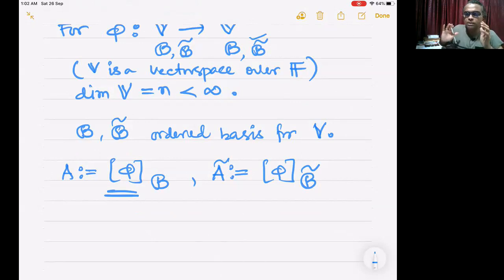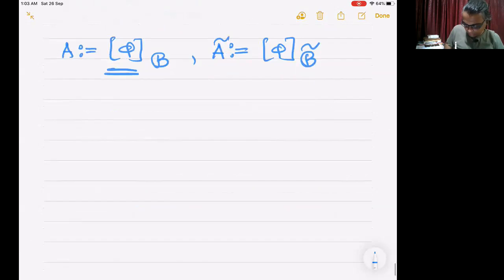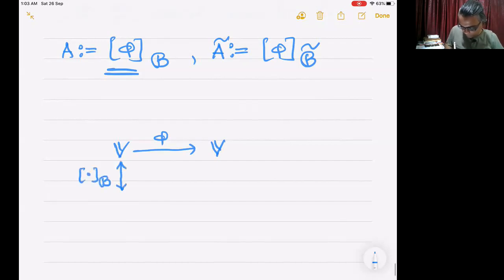So once I draw the diagram that we have to chase, it should be clear. So what the situation is, V here, phi, there is the identification through B. This gets mapped to F^n, this identification.